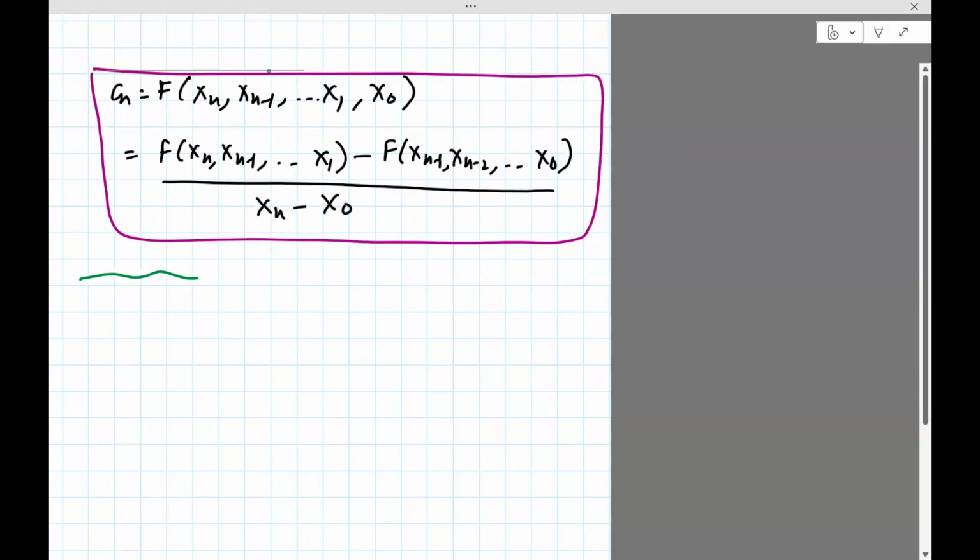Remember why we are doing all this. Eventually, we have an equation for f of x, which goes as c0 plus c1 times x minus x0, and so on.